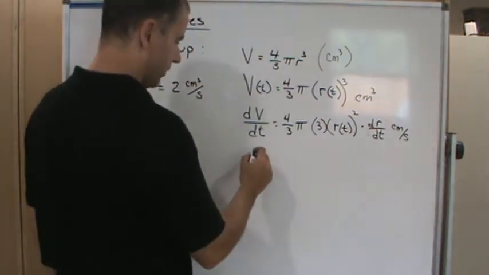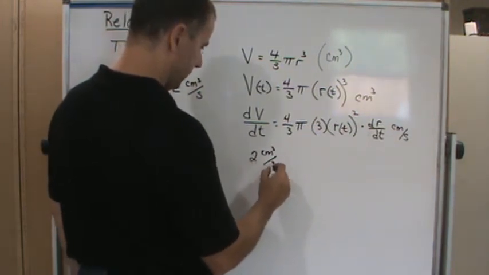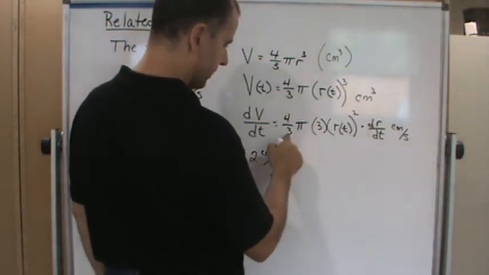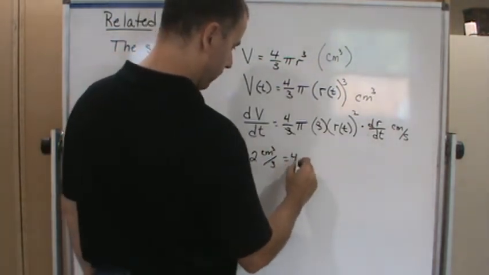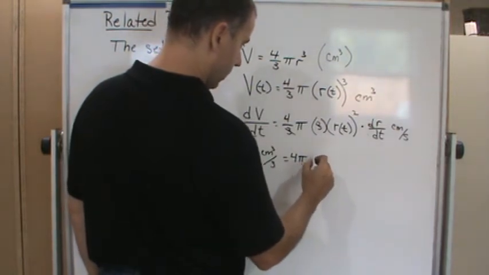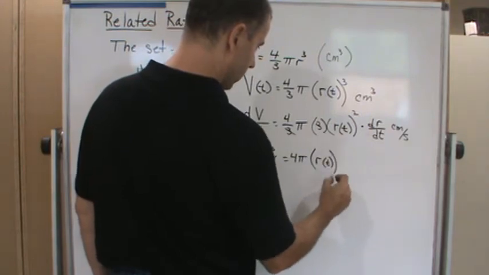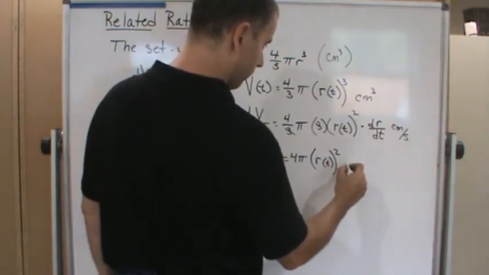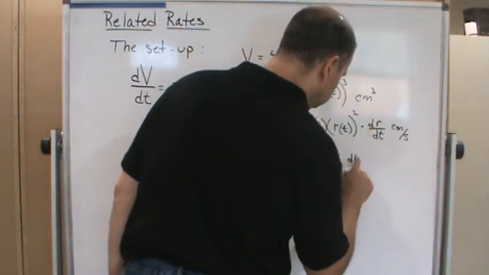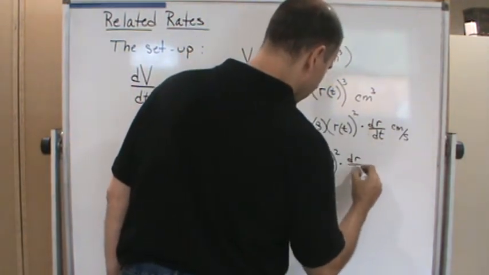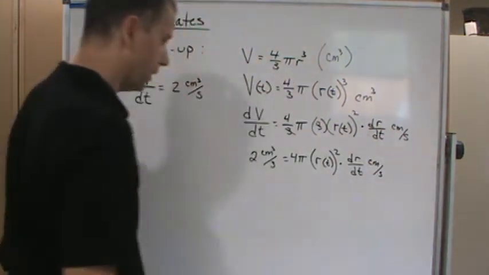So this is going to be 2 cubic centimeters per second equals, now this 3 is going to cancel with this 3, so we're going to get 4 pi times r of t, quantity squared, times dr dt, centimeters per second.